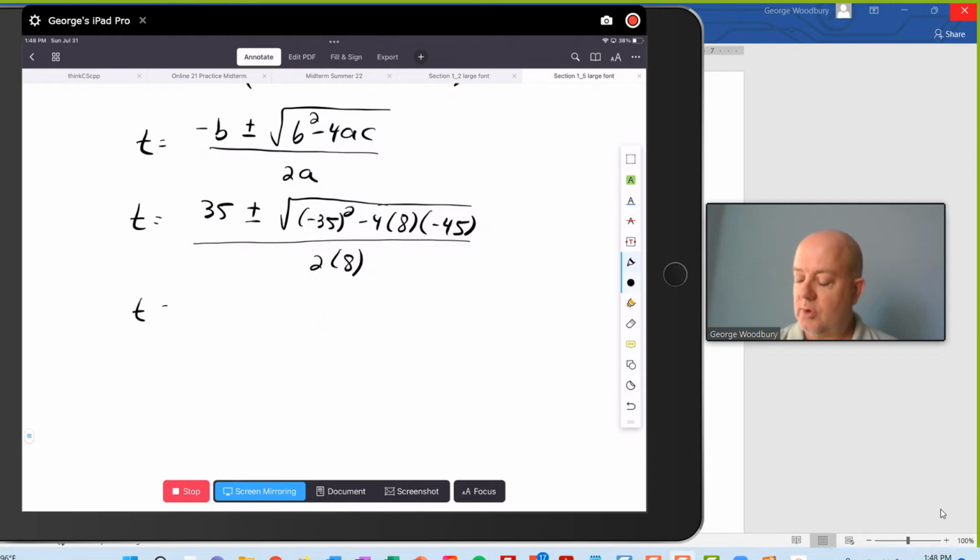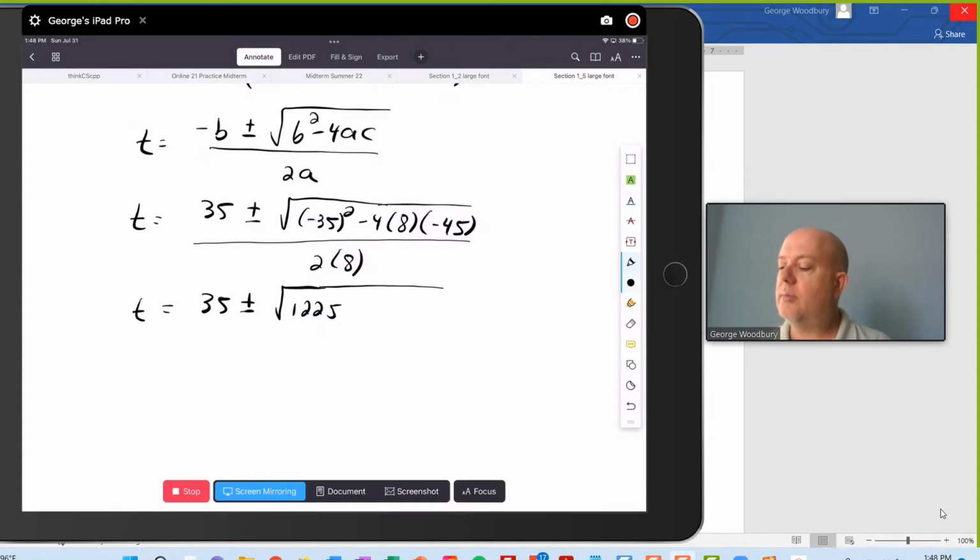Simplifying inside the square root, we have t equals 35 plus or minus the square root. Negative 35 to the second power is 1,225. Minus 4 times 8 times negative 45 is plus 1,440.